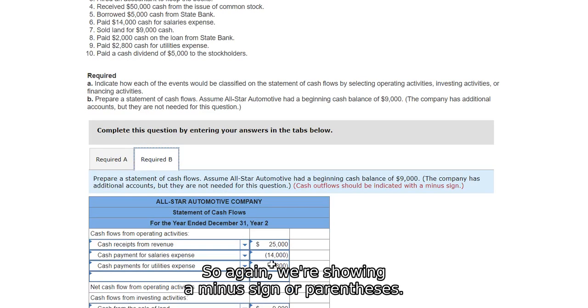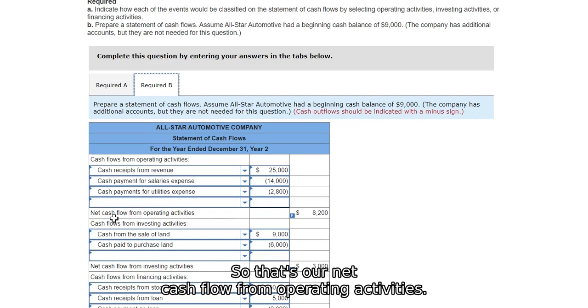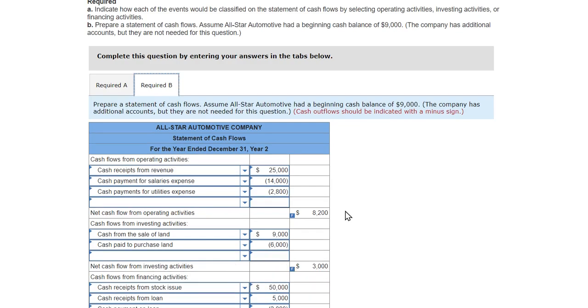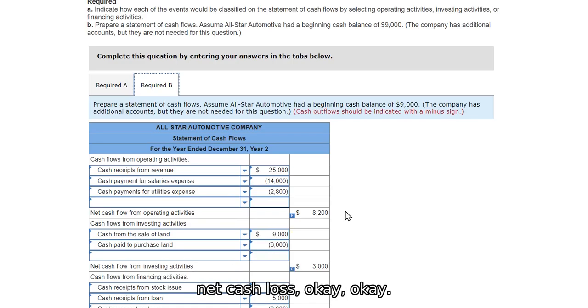Again, we're showing a minus sign or parentheses, and our utilities expense. Paid money for our utilities expense. So that's our net cash flow from operating activities. If we had spent more money than we brought in, it would be a net cash loss, or a negative.